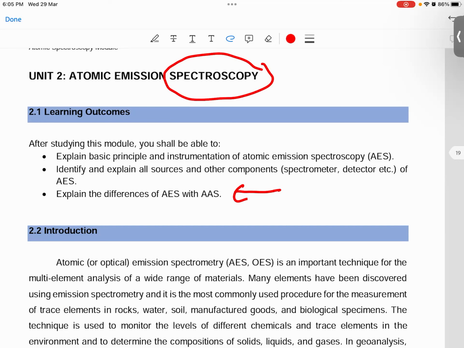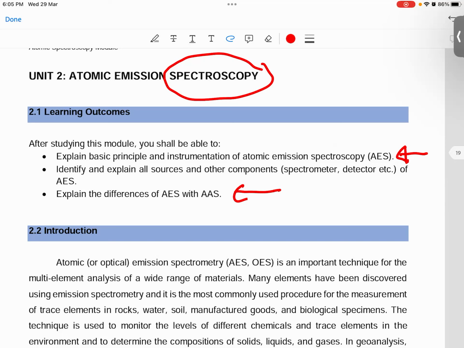It does not differ that much from atomic absorption, because it is based on the excitation of the atom, the excitation of the electron, and when it goes down the orbital, it will emit a series of spectrum, emission spectrum, spectral lines.